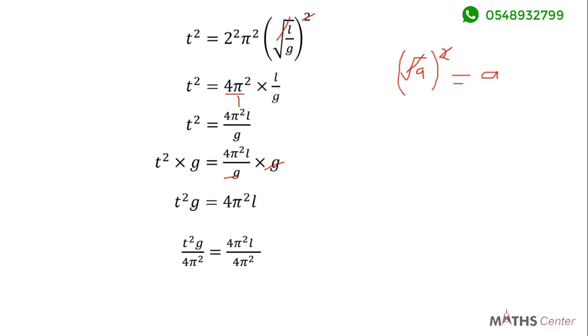Then we will do the same thing to the right hand side. So you see that 4 pi squared here will cancel 4 pi squared here, giving us L. So L is equal to T squared G over 4 pi squared. So we have been able to make L the subject of the equation. We got L is equal to T squared G divided by 4 pi squared. So we have been able to achieve the first goal, to make L the subject of the equation.